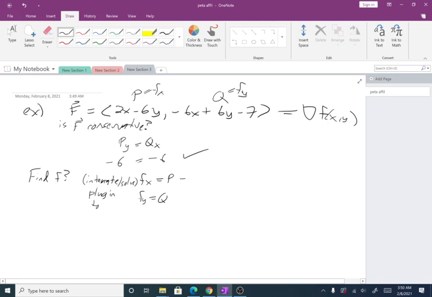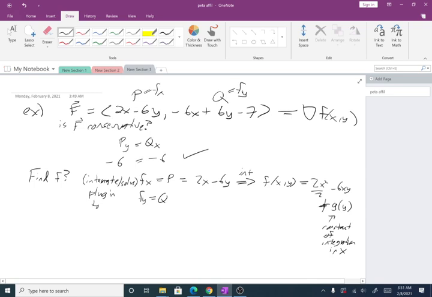Let me just explain what I mean. So you have 2x minus 6y, so I'm going to integrate now. So that's f of xy. We deduce after integration, it's 2x squared over 2 minus 6xy, and now plus that constant, so I'm going to call this g of y. Remember, this is now the constant of integration in x.